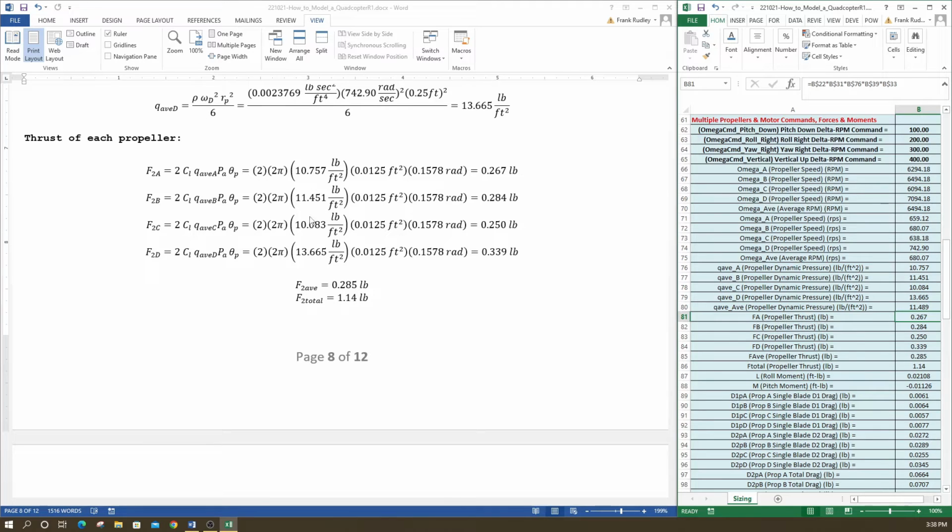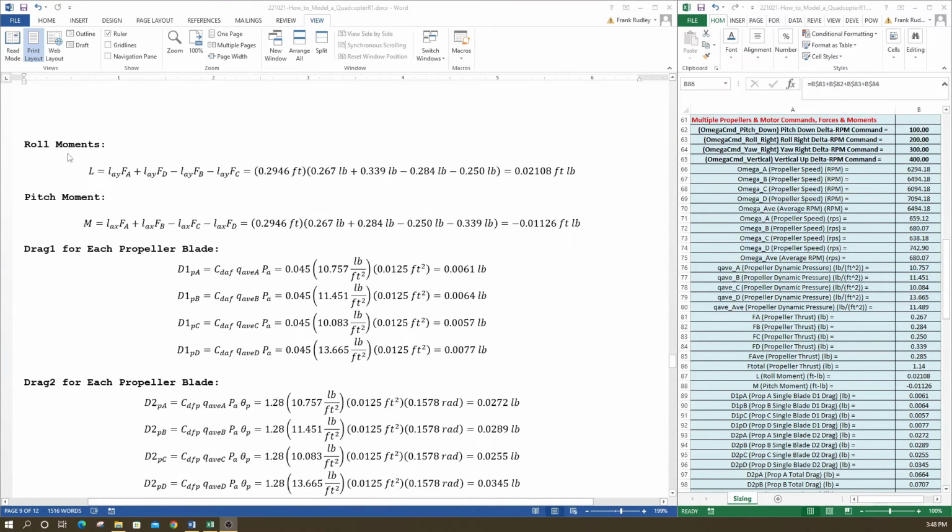The only thing that changes is the dynamic pressure, because the speed of the blades is different. That's all computed here, and it matches these 4 parameters here. I also have an average dynamic pressure and the total force. So it's taken a little bit more than 1 pound of thrust in this case to provide this command power.